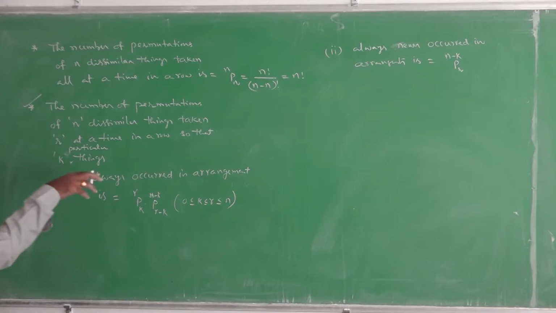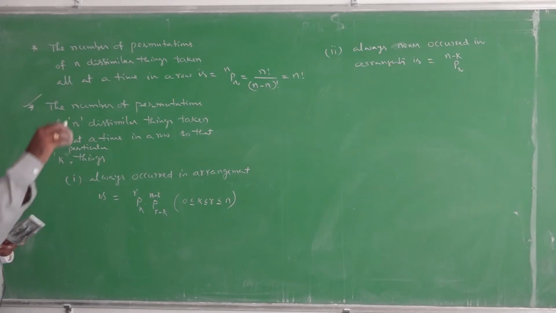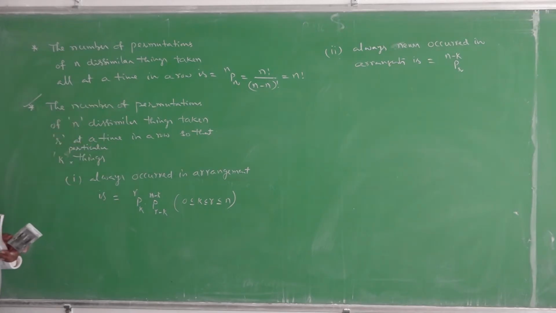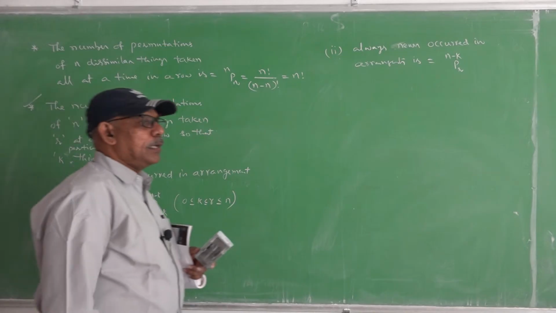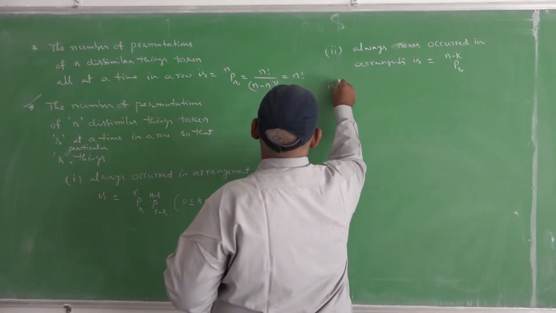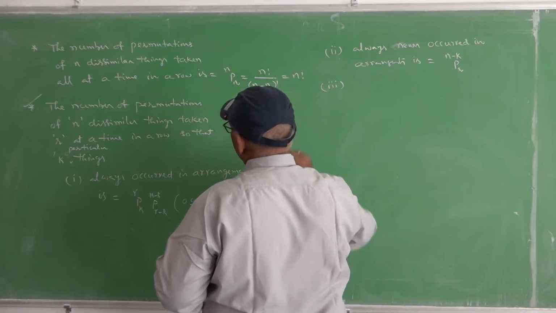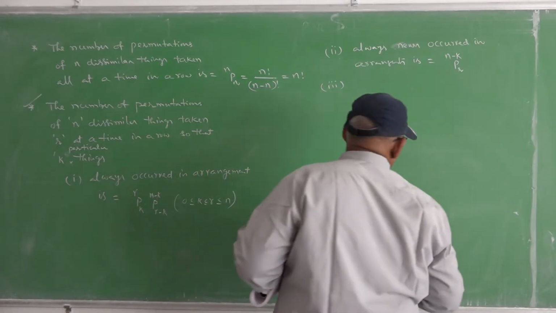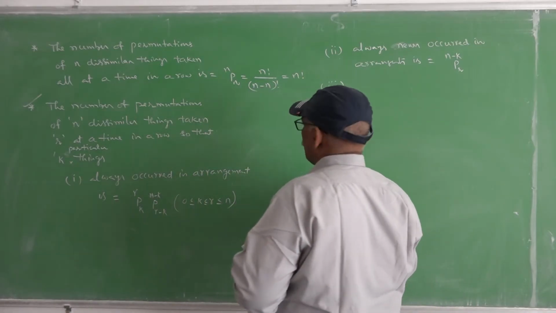We are imposing a certain restriction on the permutation. That restriction is to include a particular number of things and not include a particular number of things. Okay, in particular k equal to 1, a special case, the third case. A particular thing is included, or a particular thing is not included.